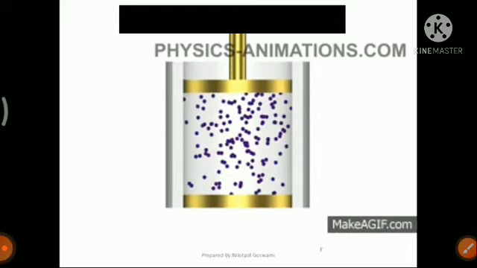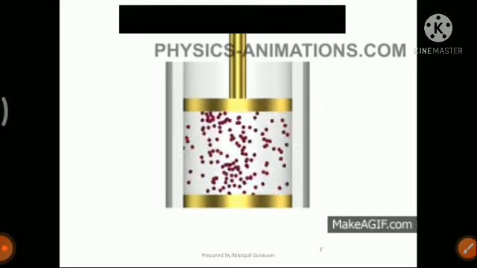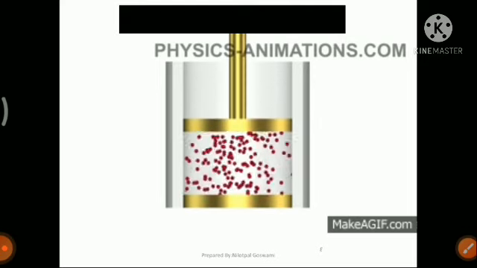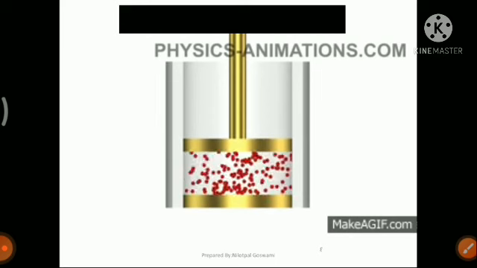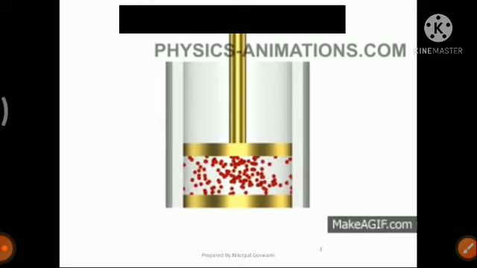Look at what we are doing. We are using the piston to apply pressure, and gradually the space between the particles slowly reduces. Once the space between the particles of gas reaches the point which is similar to the space between the particles of liquid, at that point the gas will change into liquid.